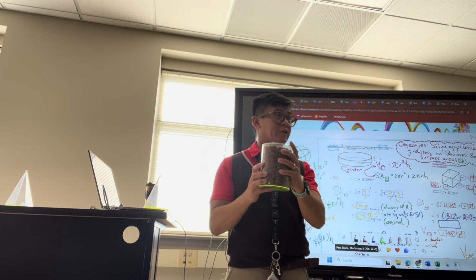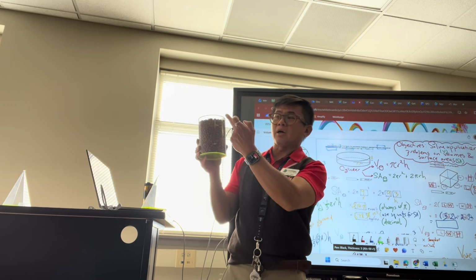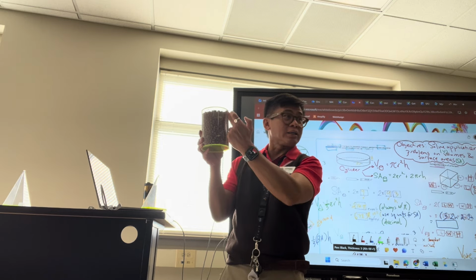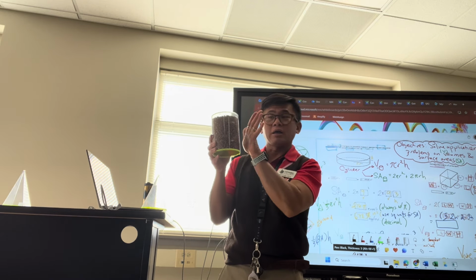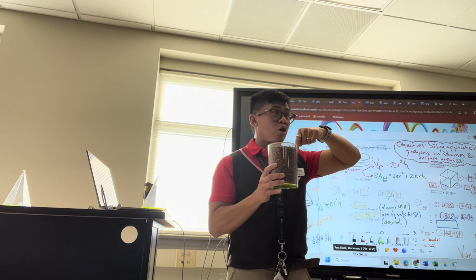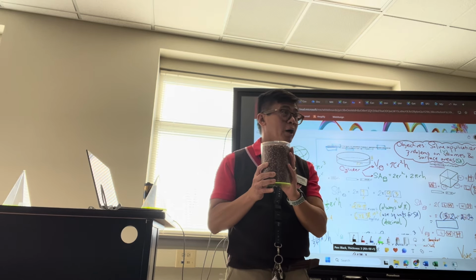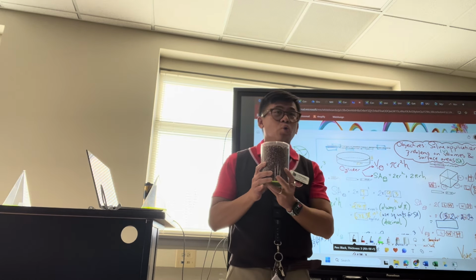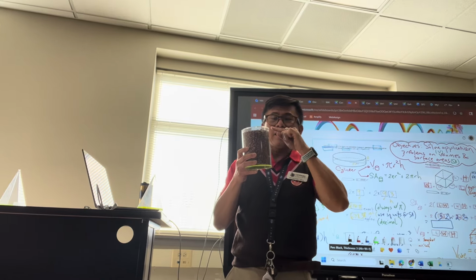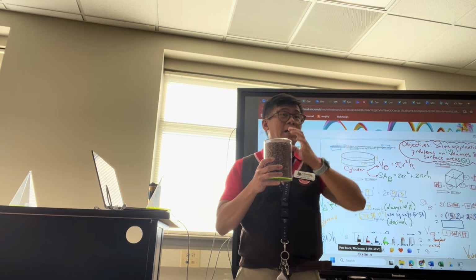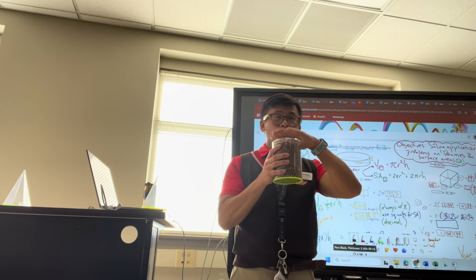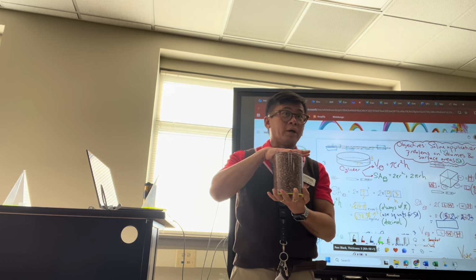If you cut it along this height and remove it, it will cover the entire circumference. That will be a rectangle with the height as its width and the circumference 2 pi r as its length, and again, two circles as well.